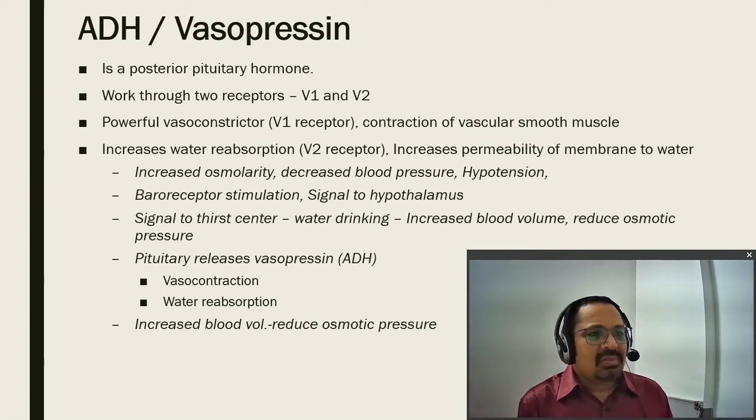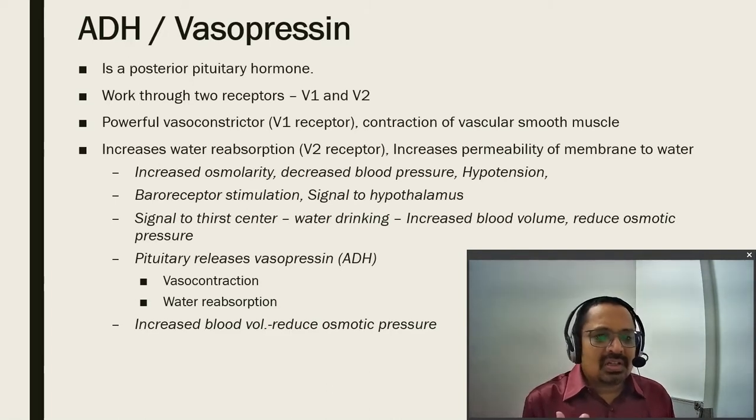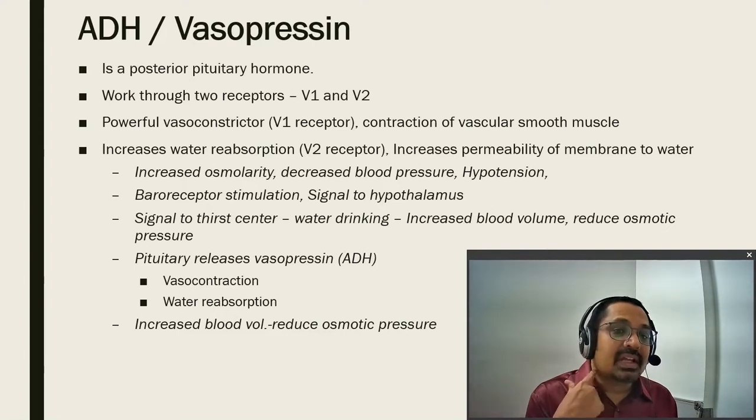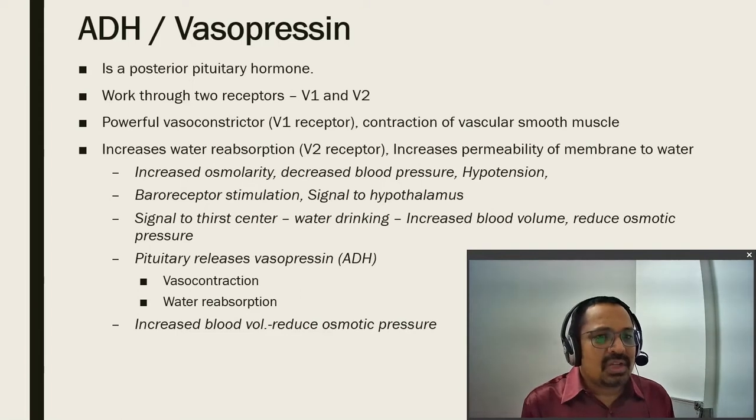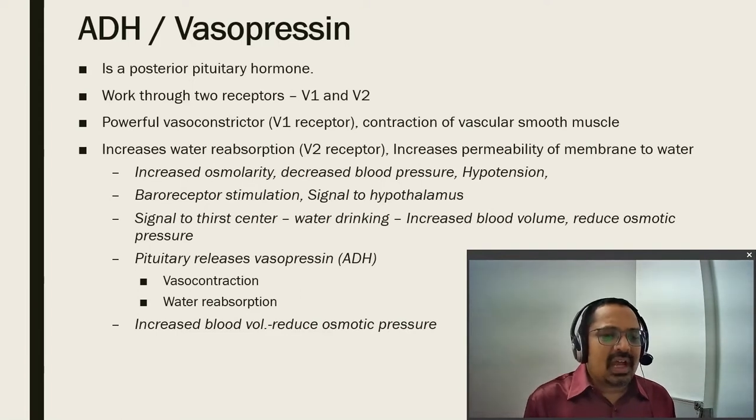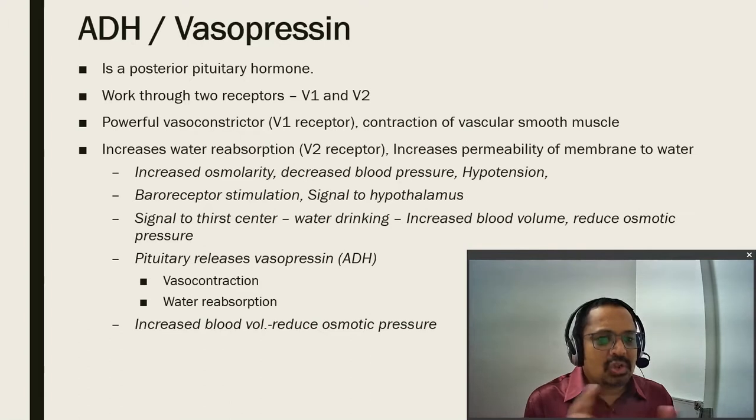Now generally what happens is that there is an increase in osmolarity due to decreased blood pressure or hypotension or decrease in the water content of the blood. So this increased osmolarity stimulates the baroreceptor, which is present mainly in the neck region, and this baroreceptor will send the signal to the hypothalamus, and in turn the hypothalamus performs two functions.